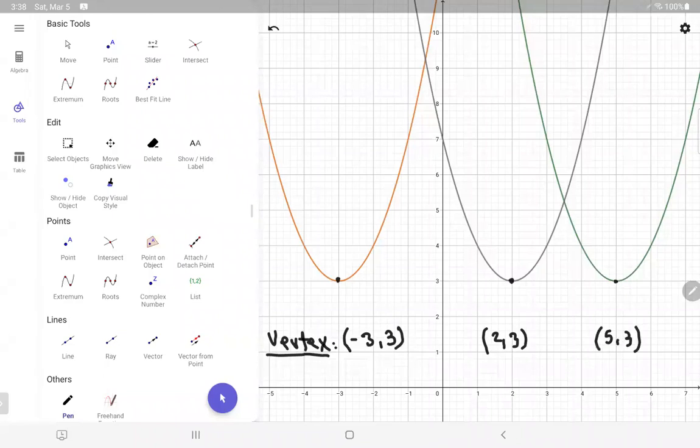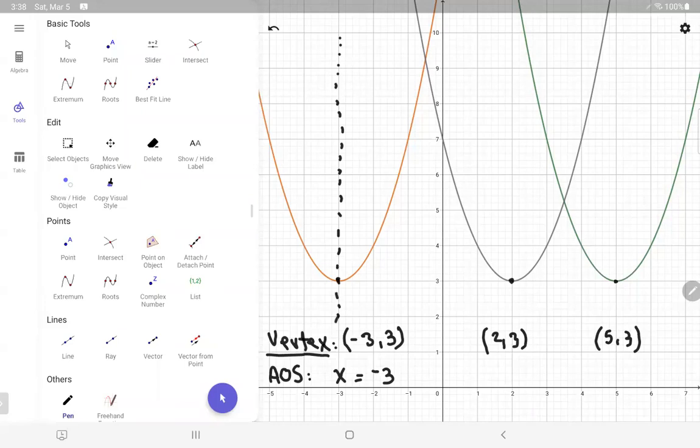Okay. What is the axis of symmetry? Axis of symmetry, AOS. You should tell me x equals negative 3, okay? It's an equation. X equals negative 3.